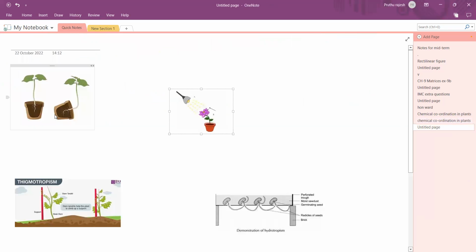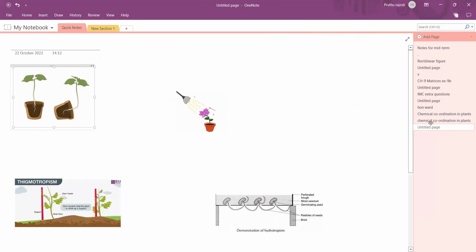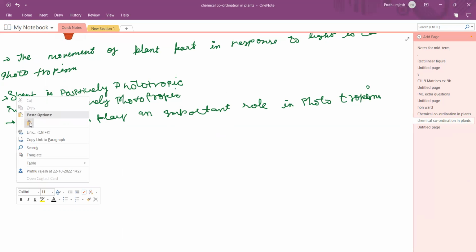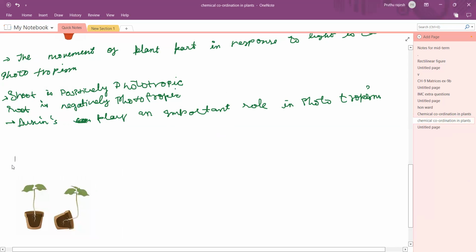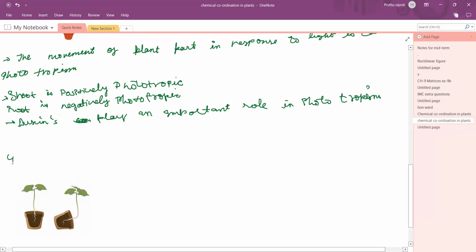I would really like to share one image with you guys. Here's my handwriting, it's not good, please.